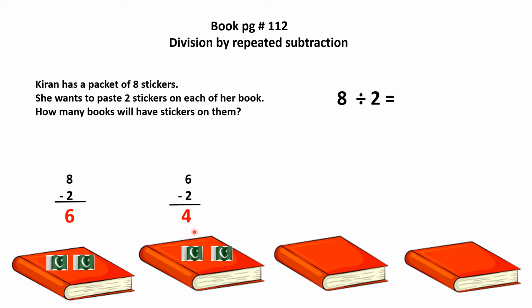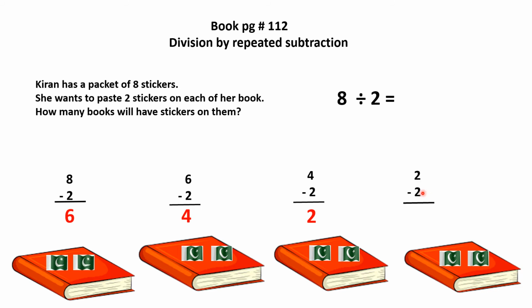Okay, you have 4. Now take another book. Again paste 2 more stickers here. Now subtract 2 stickers from number 4. So how many do you have now? 2. Now take another book and paste 2 more stickers here.